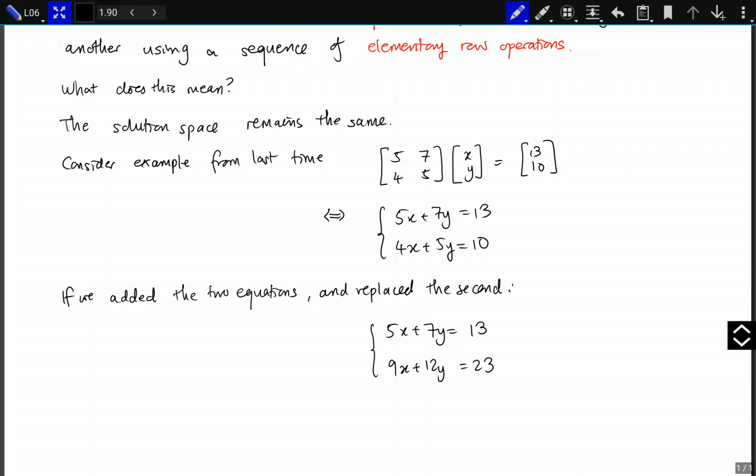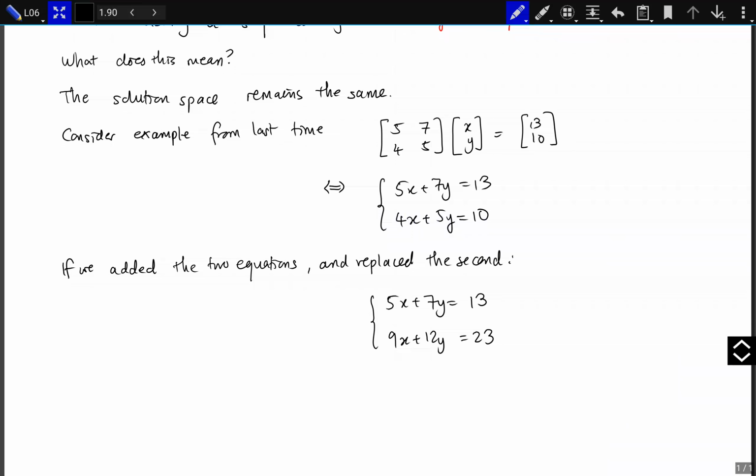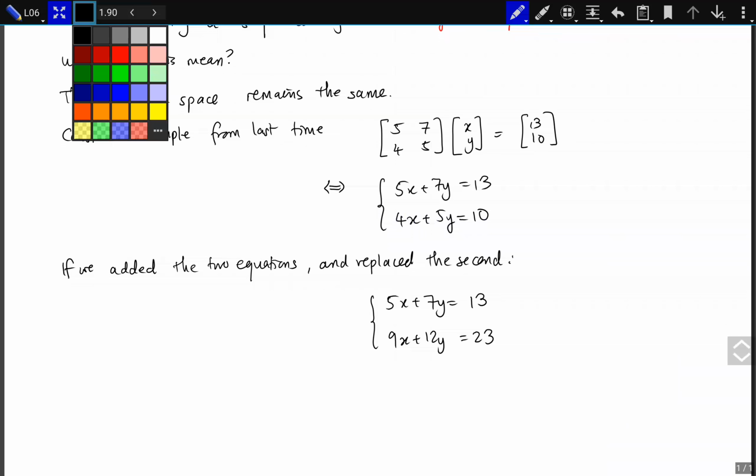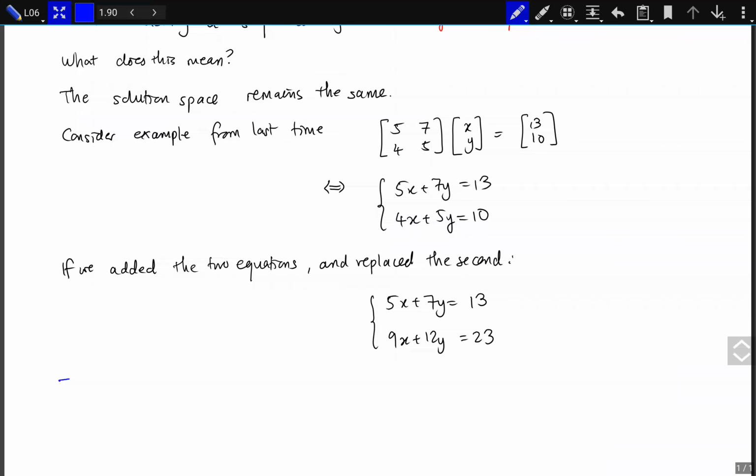But in terms of today's lecture, what we actually see is that the augmented matrices would be row equivalent. So what, again, are those augmented matrices in this case?